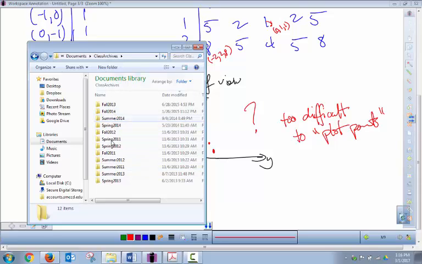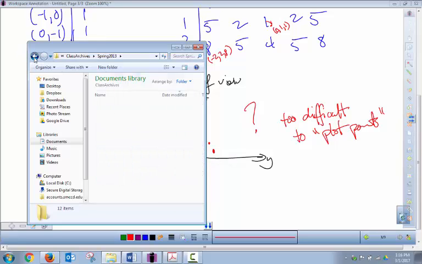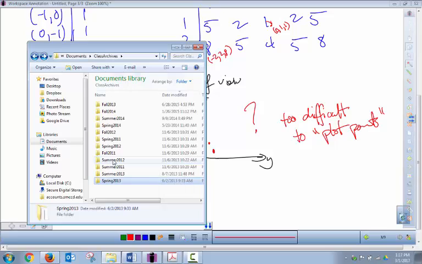Maybe I did it in my class back in 2013. I meant to dig this out earlier, but I didn't have a chance. No, I didn't teach 253 four years ago. What am I going to search for? Oh, you don't know the name? I don't know.